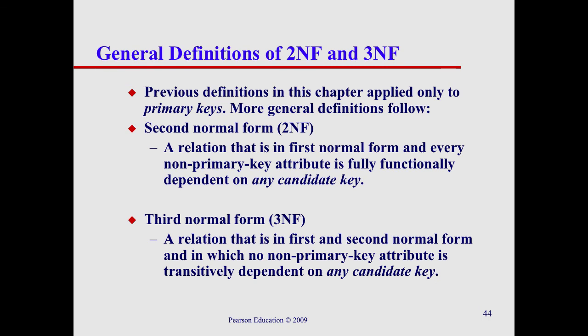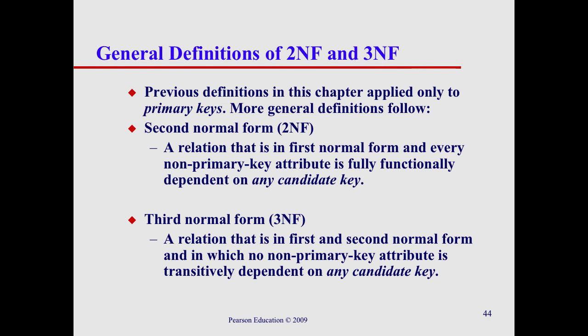A stronger form would be to do the decomposition using any candidate key, meaning that when we were done with second normal form, then it's only in second normal form if every non-primary key attribute is fully functionally dependent on any candidate key. So not just on the primary key, but on any candidate key.